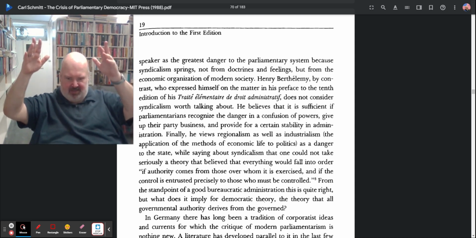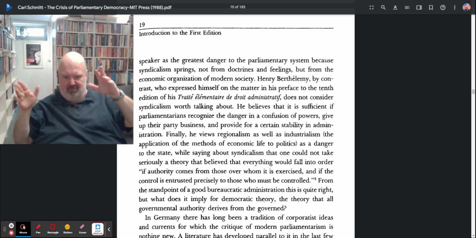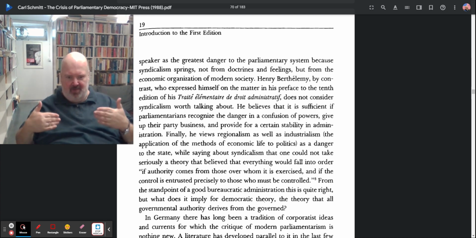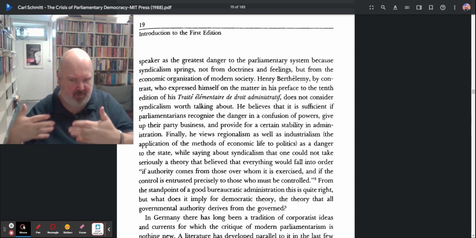The administrative structure is like this. It says if authority comes from those over whom it is exercised, and if the control is entrusted precisely to those who are controlled, right, everything would fall into order, right? This principle.